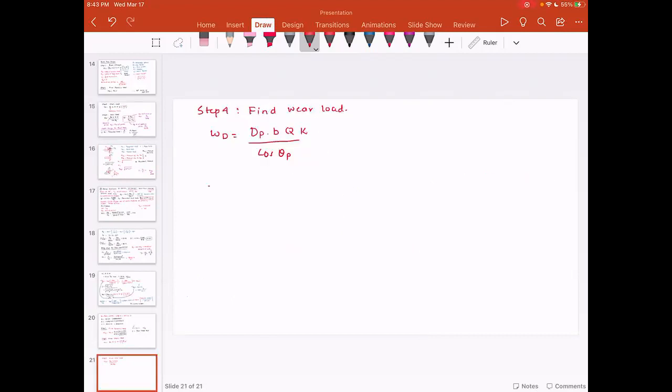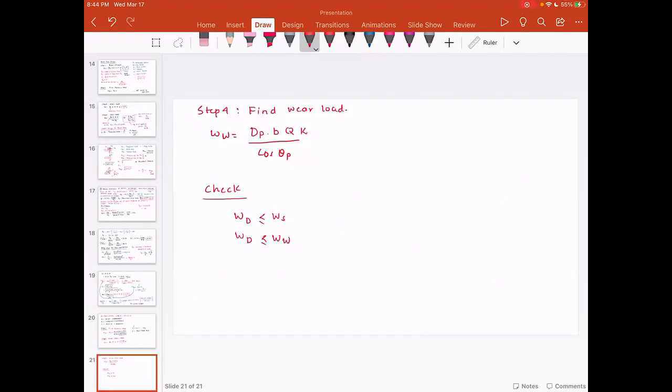And then check whether WD, the dynamic load, is less than or equal to WS and WD is less than or equal to WW.